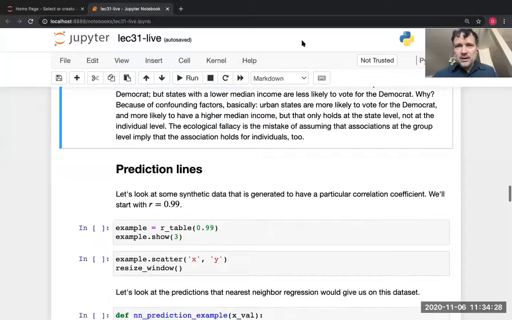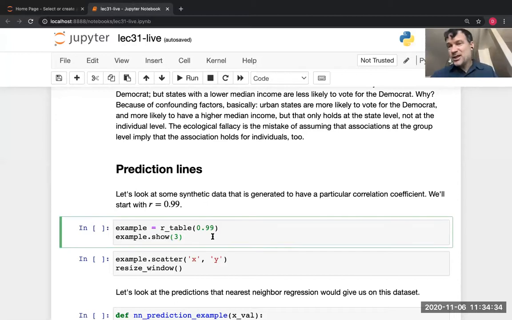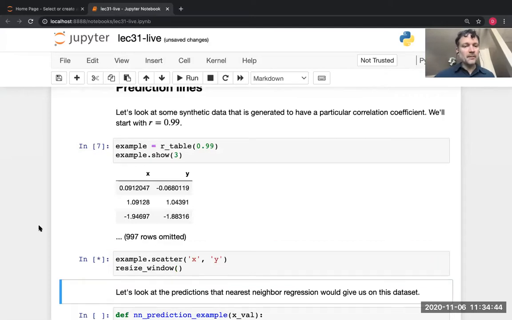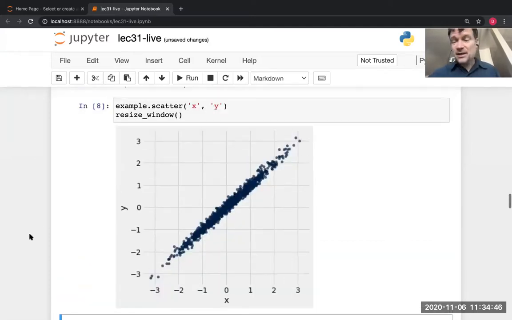All right, we're going to look at some synthetic data sets, and I pre-coded some code to generate a synthetic data set that's known to have a correlation coefficient of 0.99, but is otherwise random. Here's what that looks like if we scatter plot it. I generated the data and put it into standard units.